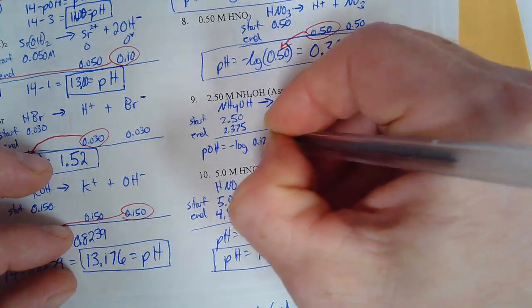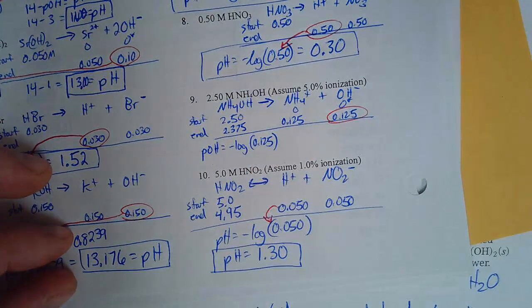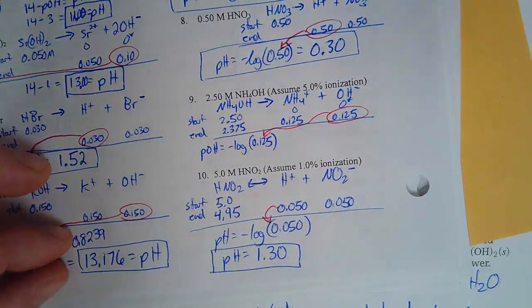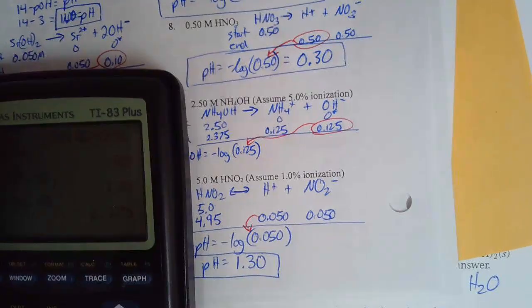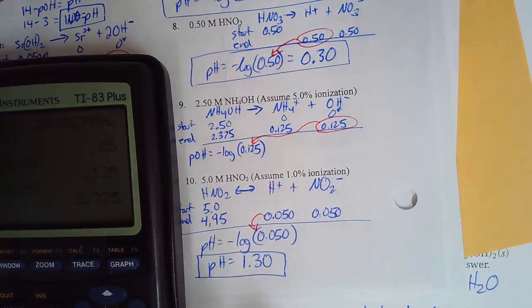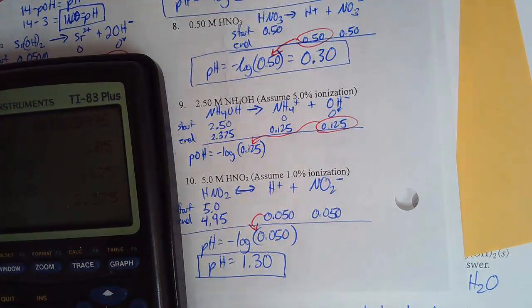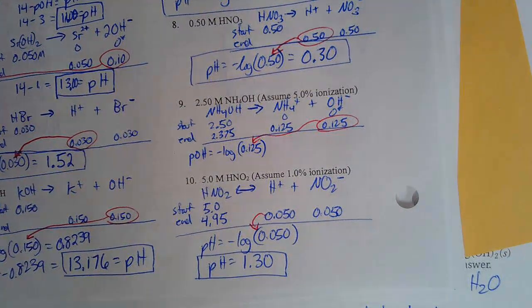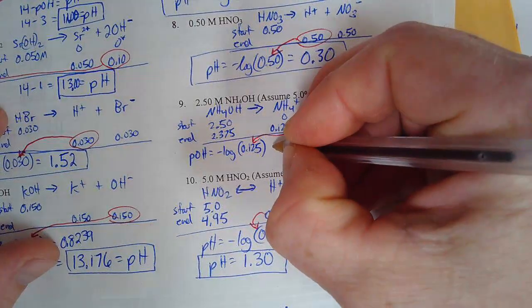0.125. And that will give me 0.903. That's the pOH.